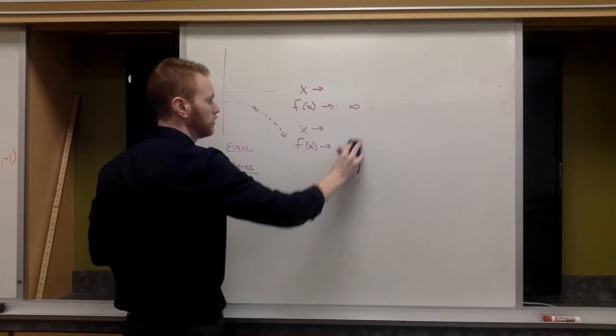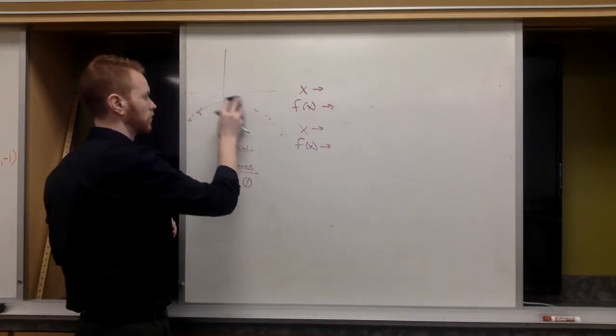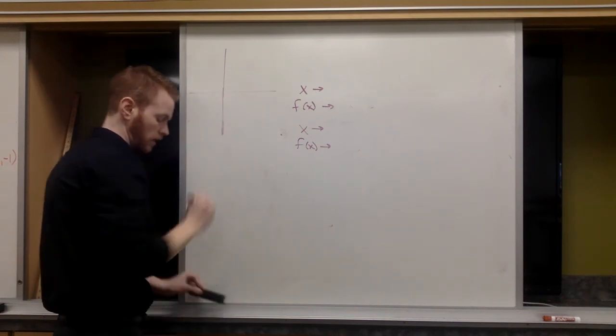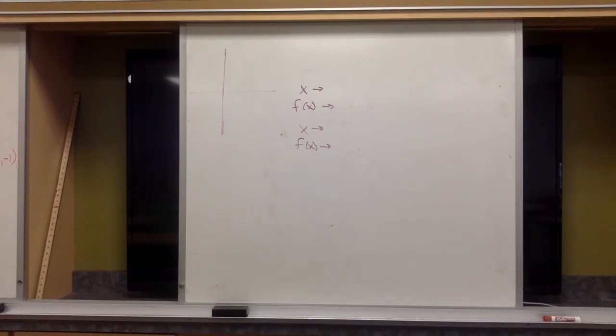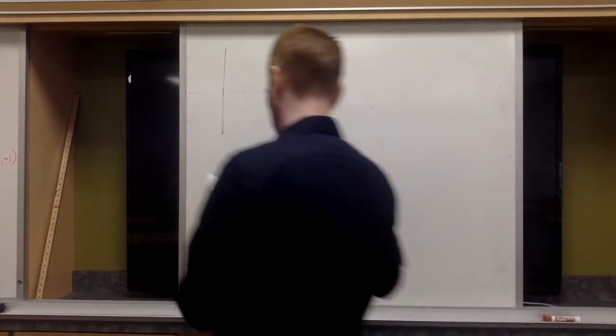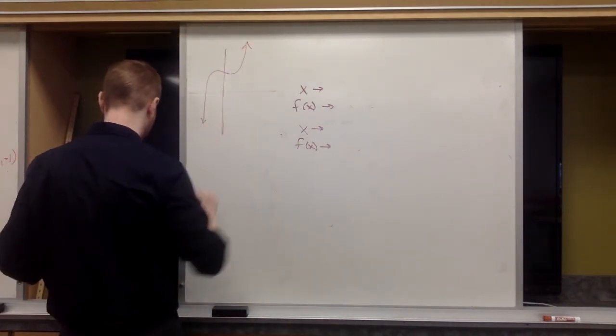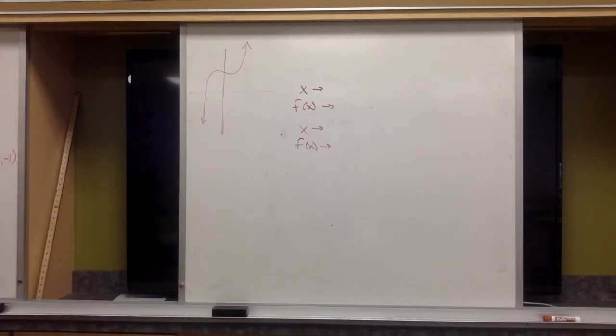Okay, so now let's change this up a little bit. Let's do one more example. Okay, let me change this graph here. And here we go. Okay, so let's say this is my graph. Well, let's describe the end behavior.